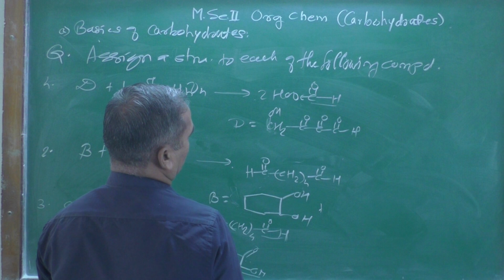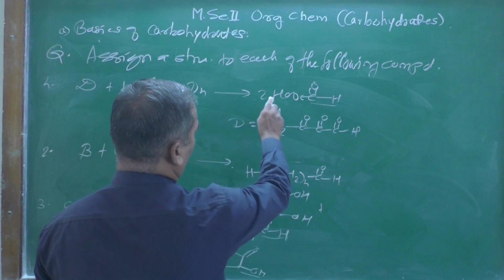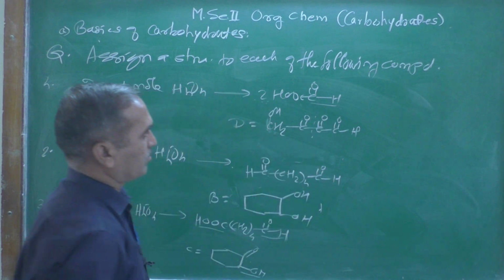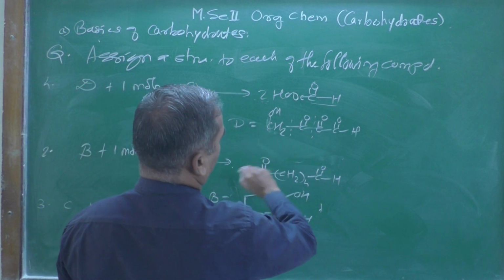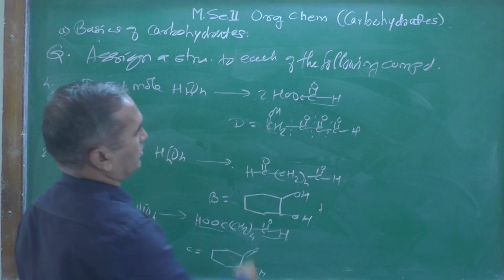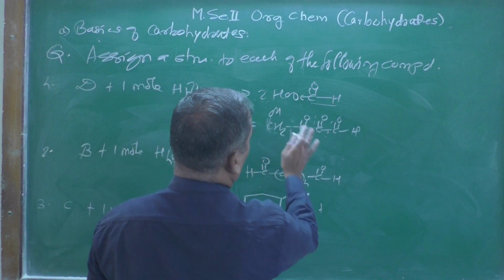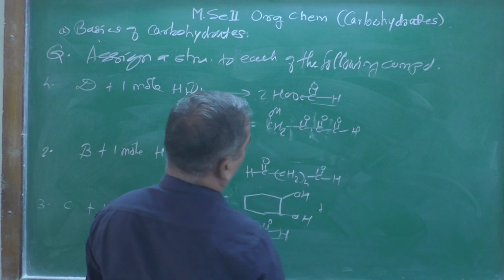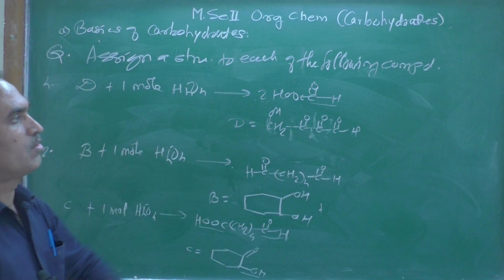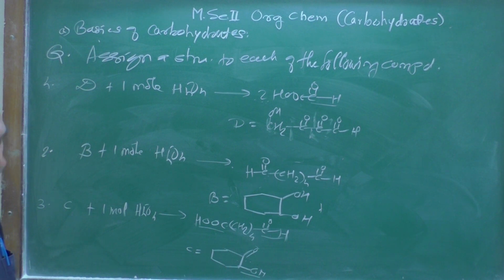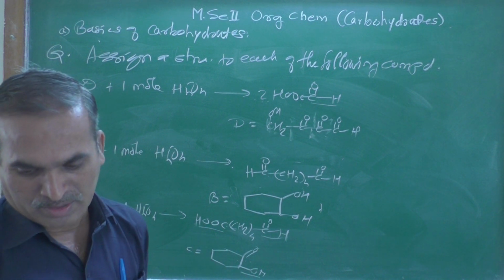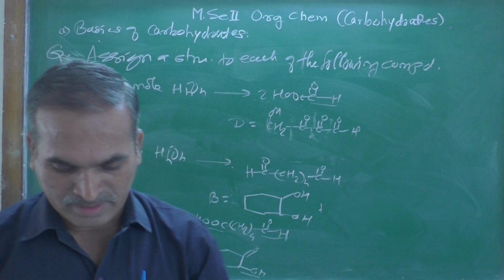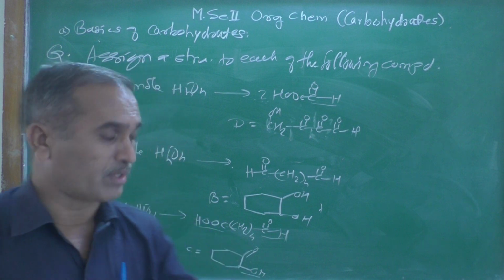Because only 1 mole is required, 2 moles are formed when the bond is breaking from here. If it's breaking from here, we are getting 2 moles of C double bond O and the formaldehyde, that type of compound you are going to get.